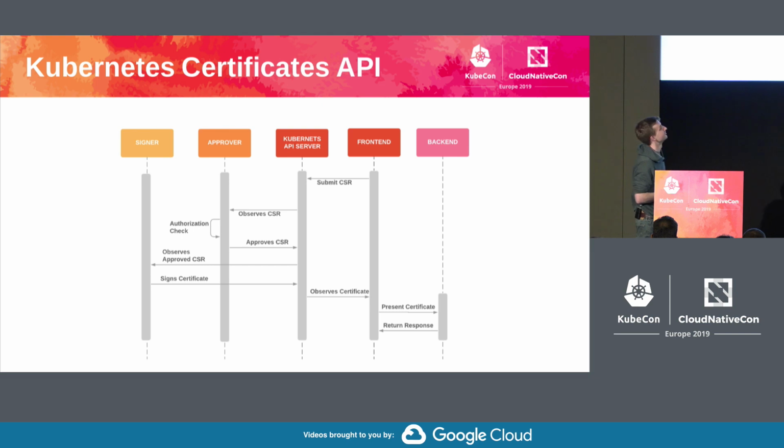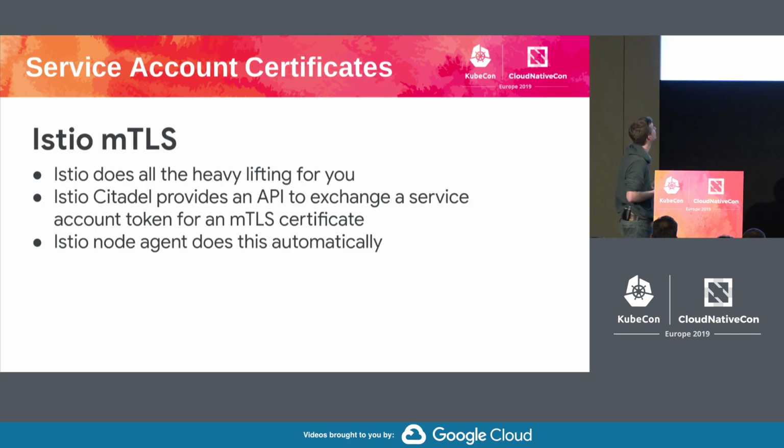However, if we do introduce Istio, it actually provides a lot of the heavy lifting for you. Istio has a component called Citadel, which is the CA component. It provides an API to exchange a Kubernetes service account token for an mTLS certificate.